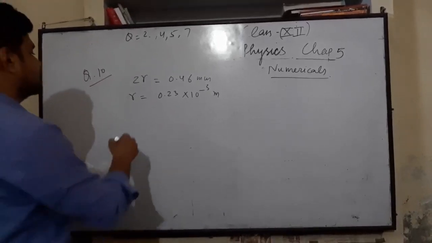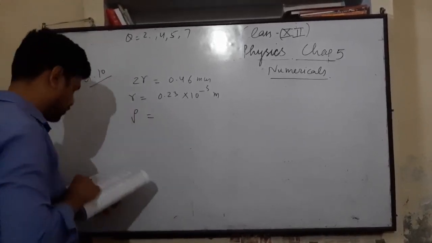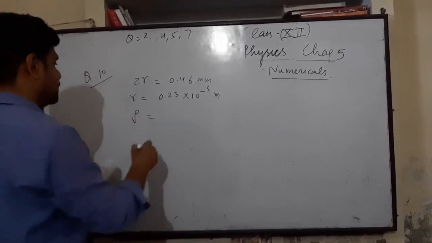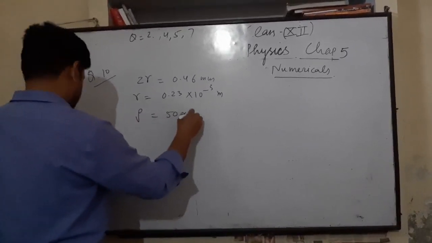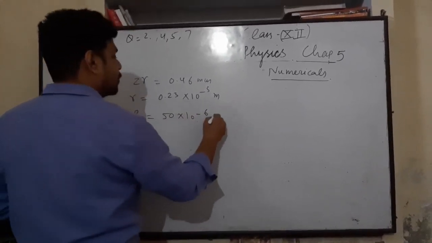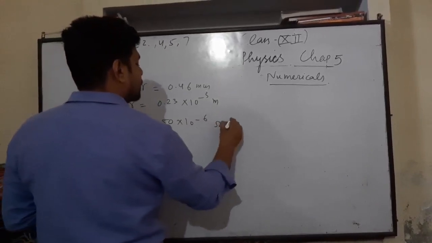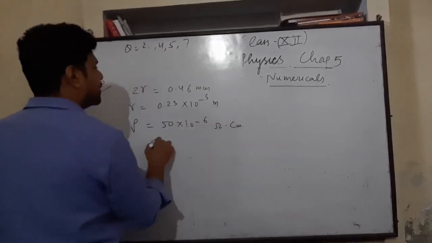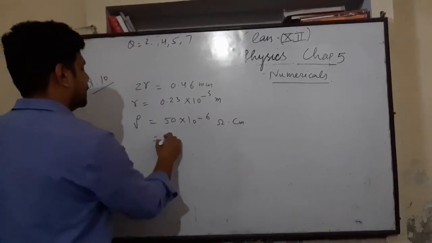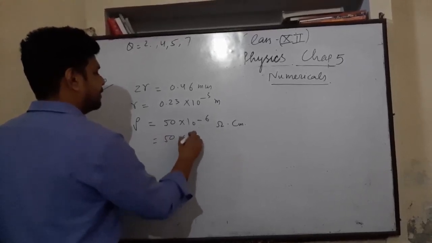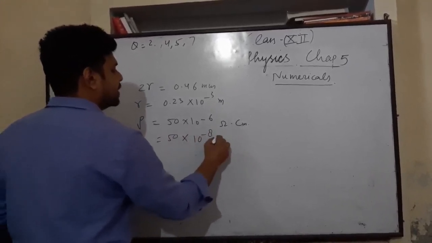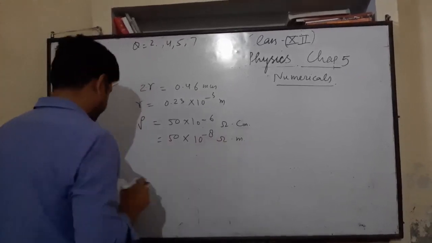And specific resistance or resistivity, it is also called resistivity, rho is 50 into 10 to the power minus 6 ohm centimeter, converted in ohm meter, 10 to the power minus 8 ohm meter.